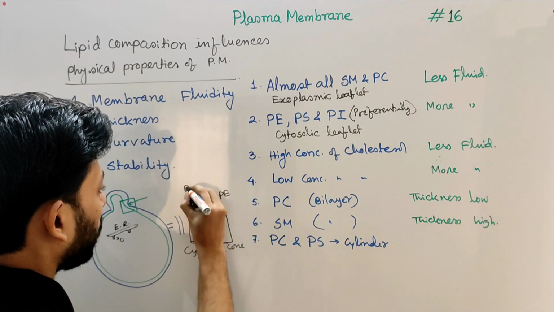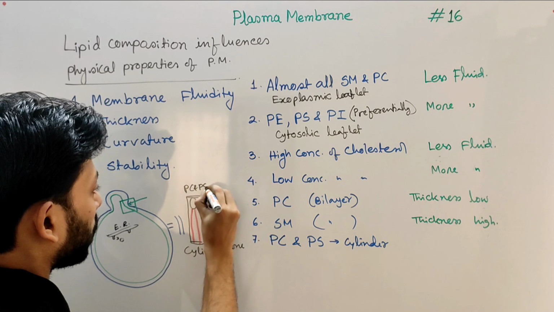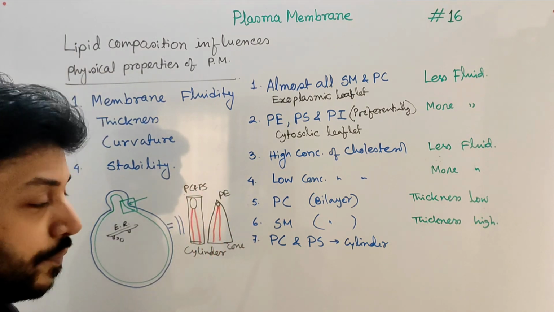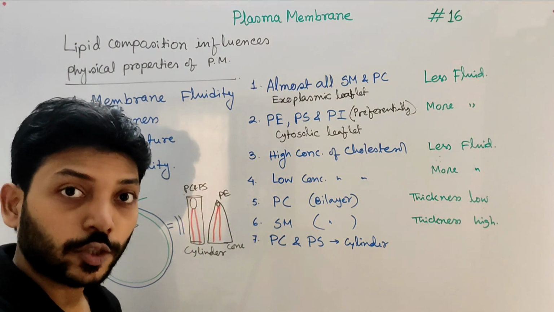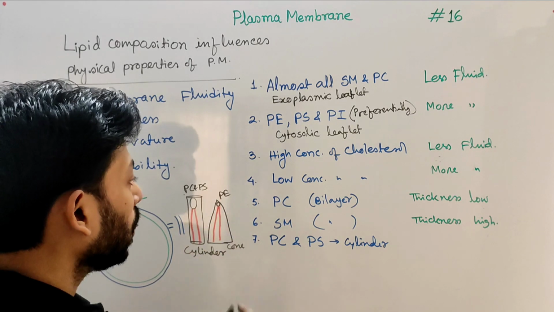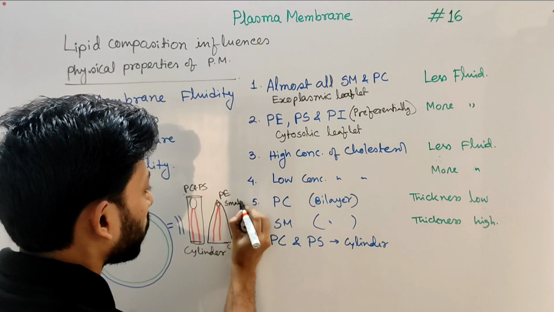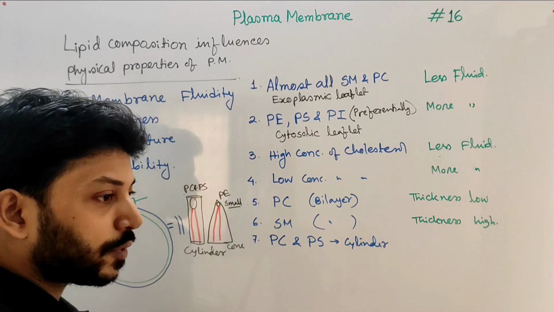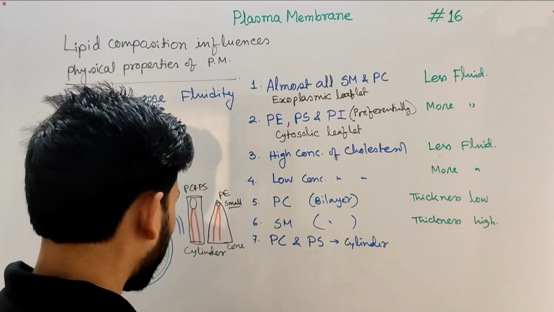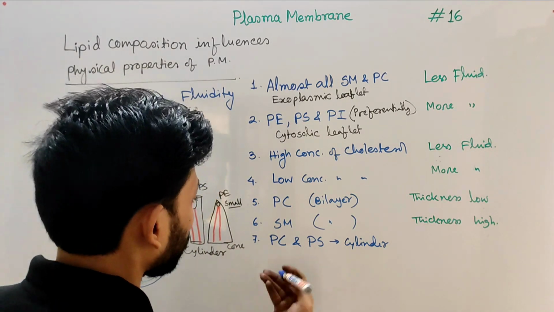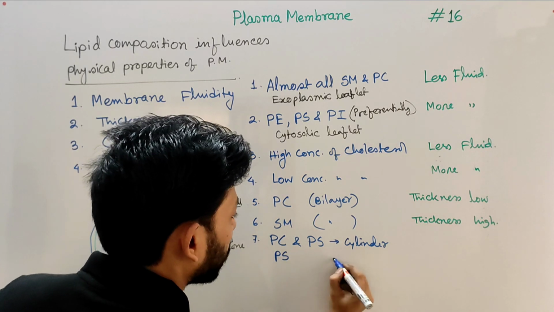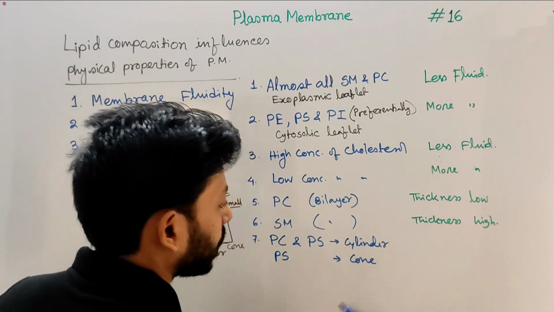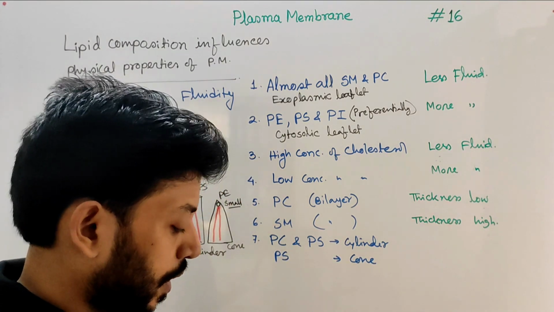Here the examples are PC or PS, phosphatidylcholine or phosphatidylserine. And here PE, phosphatidylethanolamine, has a small polar head group. If the lipid contains a small polar head group and the fatty acid length is the same, then it makes a cone-shaped lipid molecule.